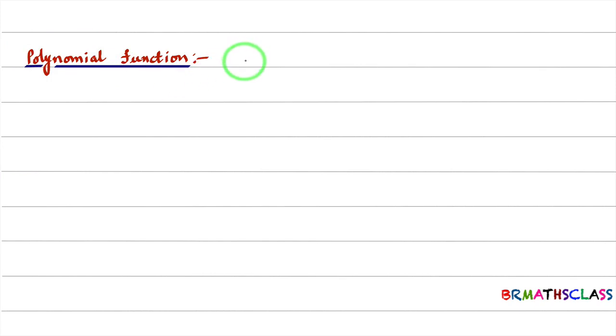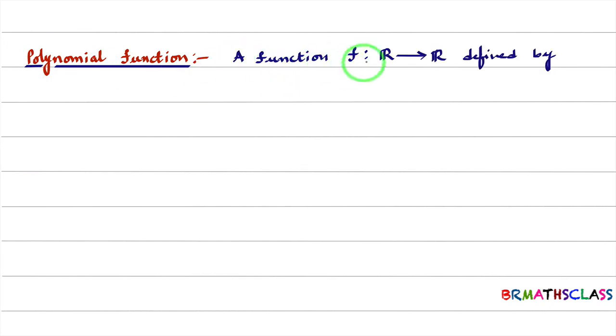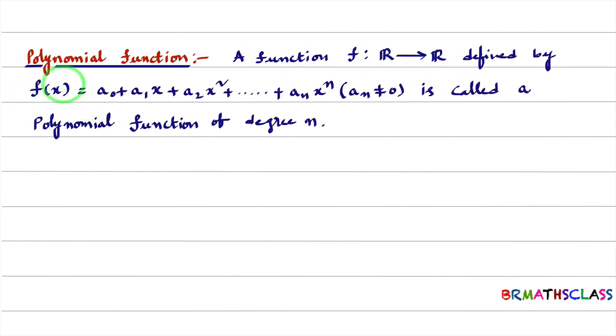What is a polynomial function? It is a function from real numbers to real numbers. It is defined as f of x equal to a0 plus a1x plus a2x square plus and so on plus an x power n. Here if an is not equal to 0, then it is called a polynomial function of degree n. You can observe here polynomial means many terms.